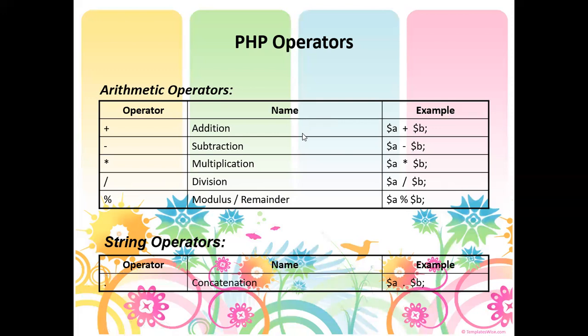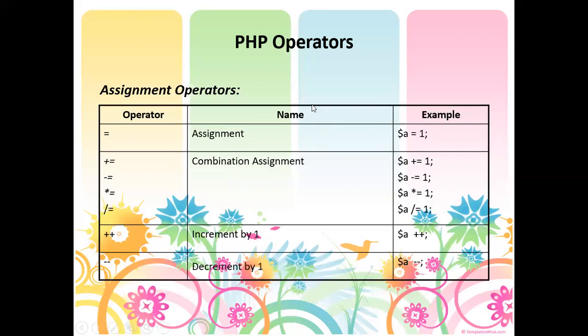And moving forward, we also have the assignment operators. So take note, there's a difference between equals from equal. Okay? So the assignment operator only has one equal sign, right?